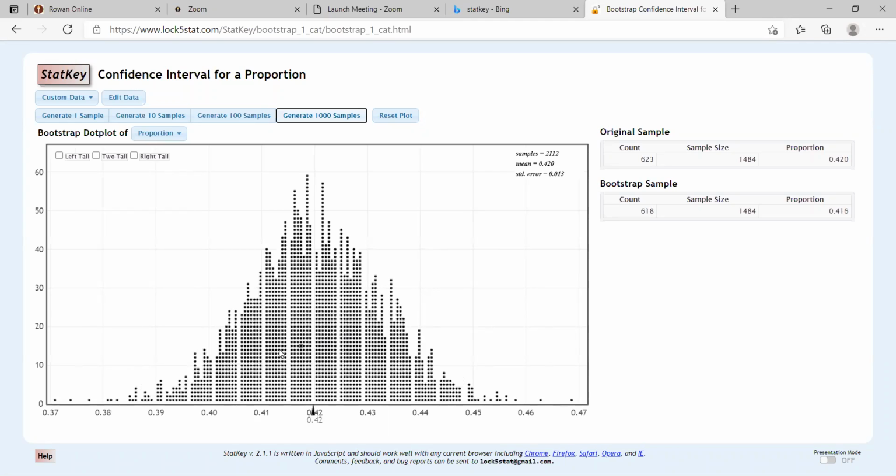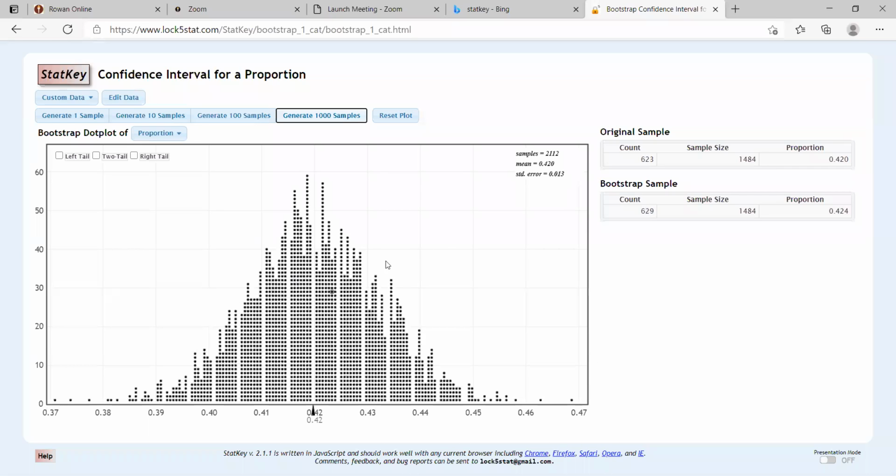It just changes as I move from dot to dot. Everybody see that? Whatever dot my cursor's on, it gives me the bootstrap sample. Once I'm off the dots, it's giving me the very last dot that I had my cursor over. It doesn't really matter what that number is anymore.